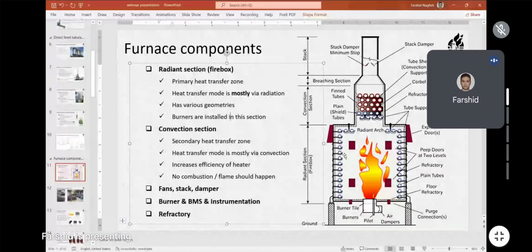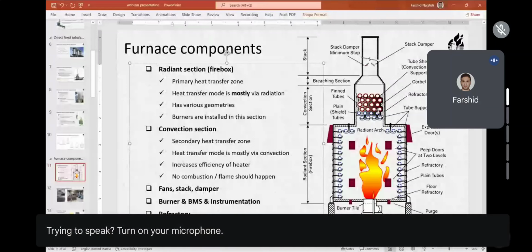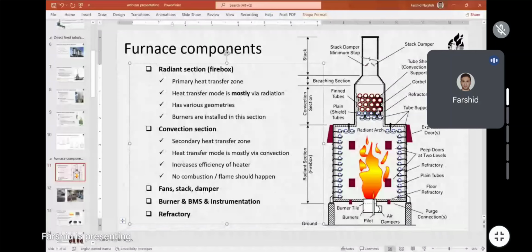We have these three heat transfers in every part of this furnace. You may be asking, what about conduction? Many experiments have shown that the effect of conduction to tubes is negligible. So again, we have three heat transfer mechanisms that are active inside the furnace.